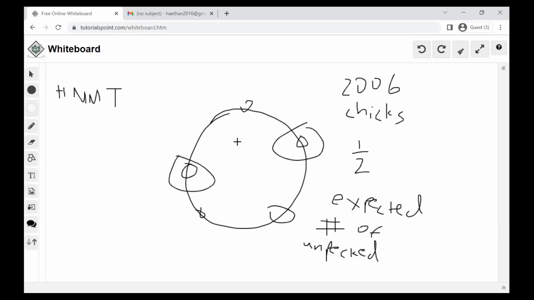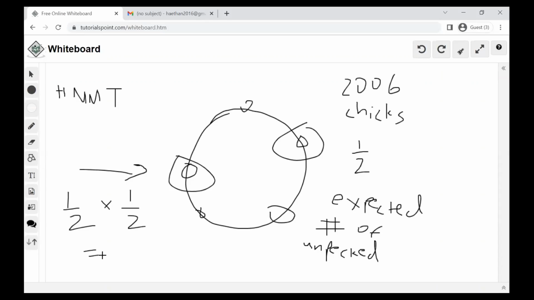So the idea is that we can just take each chick, find the probability that it's not pecked, and then add up that probability for each chick. So for this chick, the probability that it's not pecked is what? Well, there's a 1/2 probability that it's not pecked by one neighbor, and a 1/2 probability that it's not pecked by the other neighbor.